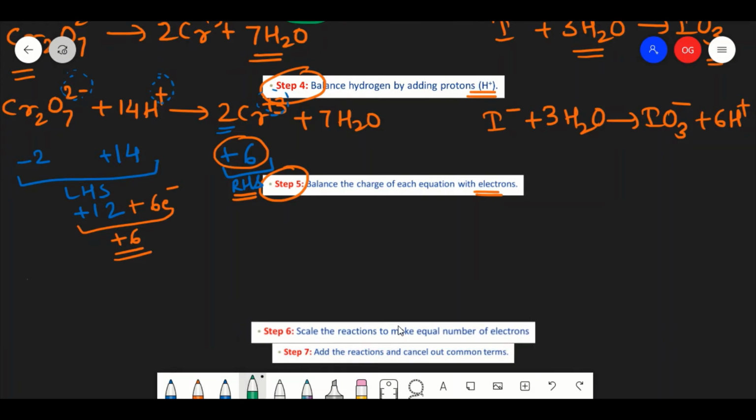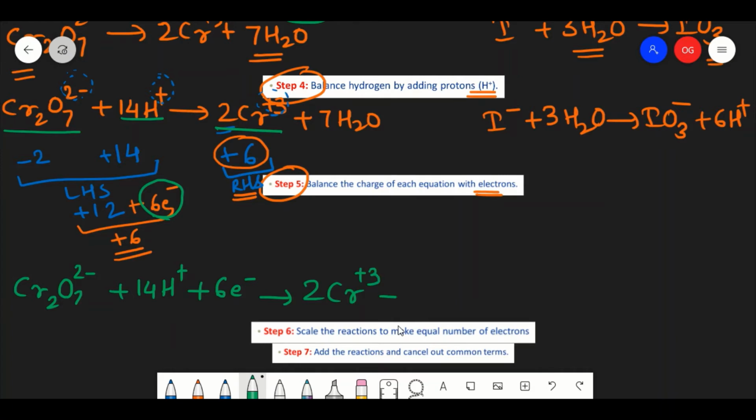So I'm writing Cr2O7 2- as such. Then I'm writing 14H+. This also I have written as such. Now I'm writing these 6 electrons which I have added to balance, and then 2Cr3+ plus 7 water molecules.